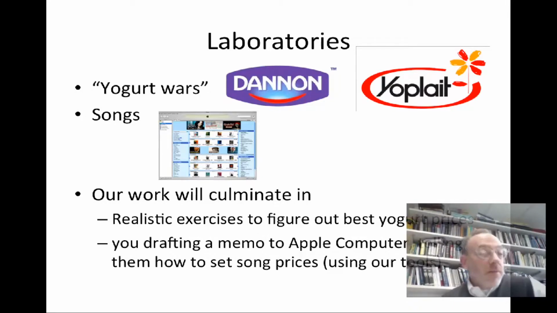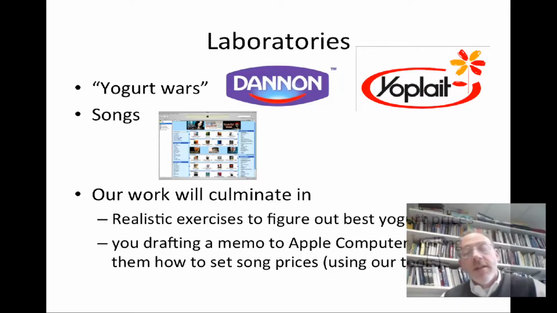We also have some information about songs, and I'll talk more about that in a second. But our work in this module is going to culminate in some realistic exercises to figure out yogurt prices, and also in you drafting a memo, ostensibly to Apple Computer, telling them how to set song prices using the tools we cover in this module.